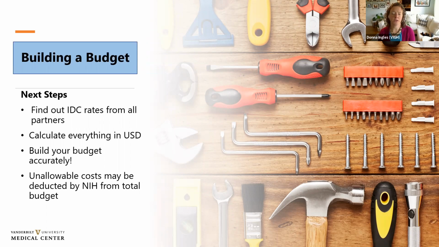It's important to note that your budget is getting reviewed by at least two types of people. The first are the scientific reviewers. They look at the budget and they assess whether it's appropriate for the work that's being proposed. If your investigators significantly over or underestimate what it takes, this might cause the reviewer to believe that the investigators don't actually know what they're doing.